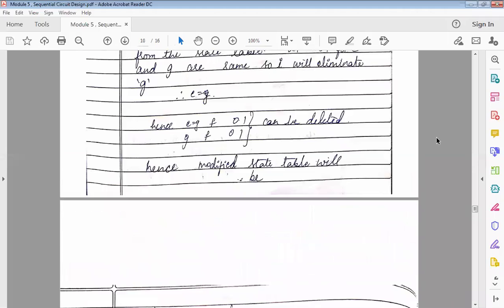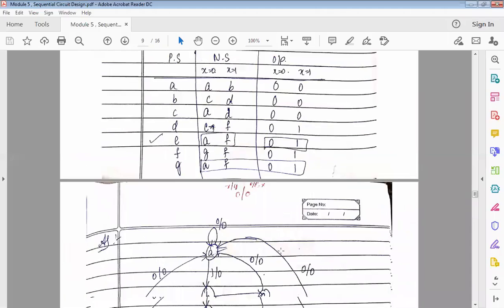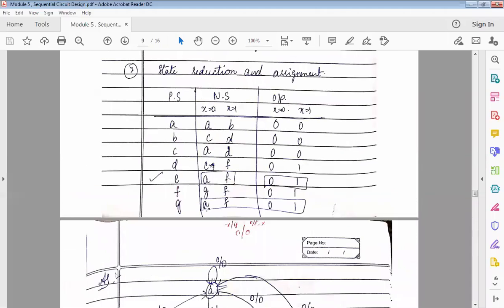See, now what we are going to do here is, we are taking AF, here also it's AF 0, 1. So present state E is equal to G. Wherever I have E, I will substitute with G. So here I had E, and I'll substitute with G. So GF will happen.